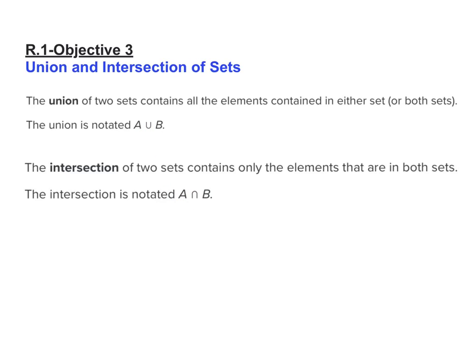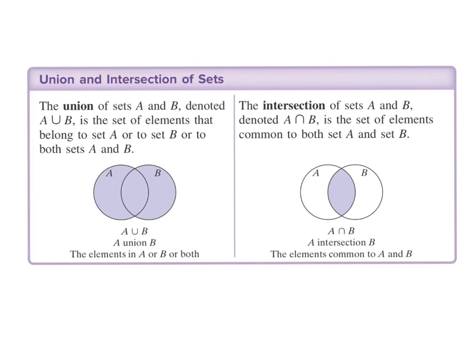So the intersection is what's in common between A and B. A union is all of A and B combined, even if they're not in both. This is only in common. This is all the elements total. Here is a kind of Venn diagram looking situation of the same thing. This is in your book, probably page 4, but if you want to take a picture of that, you can.